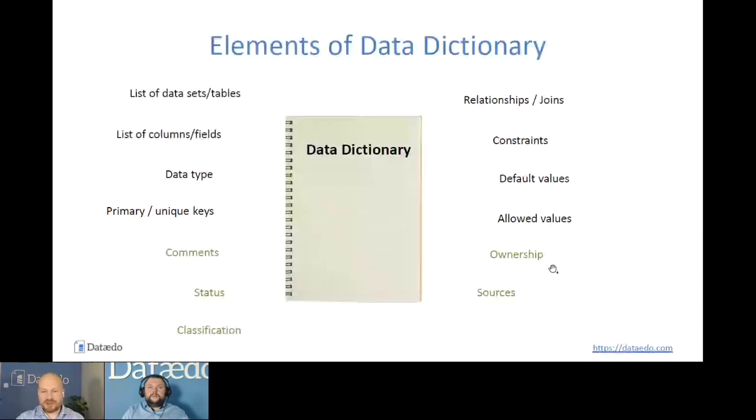You could indicate ownership and other roles like, maybe steward or architect, so who designed the table, who's responsible for it. You could also indicate the sources, so where the data comes from, and so on and so forth. There's a number of things you could add. It all depends on the purpose of the data dictionary.